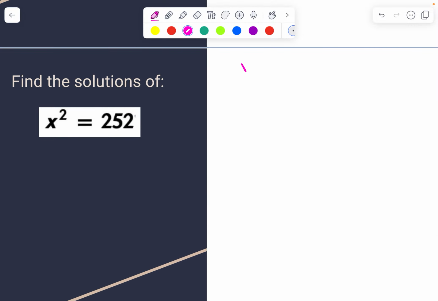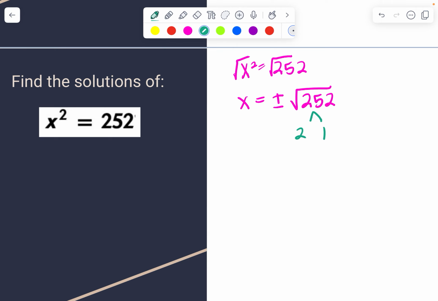X squared is 252. If we take the square root of both sides, if you put that in your calculator, you'd get 15.8745, and it would keep going, which means we need to simplify the square root of 252. 252 divided by 2 is 126. 126 divided by 2 is 63.